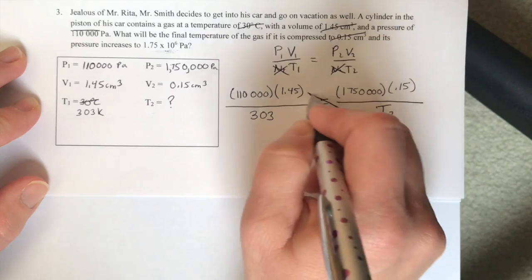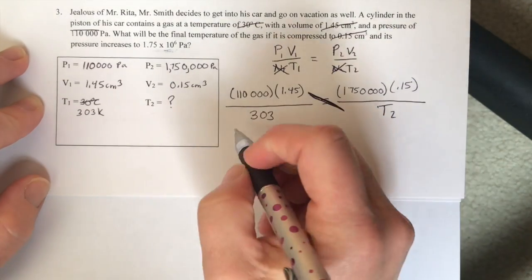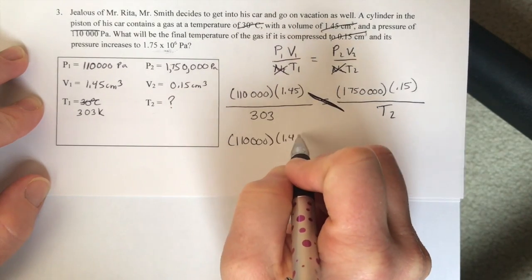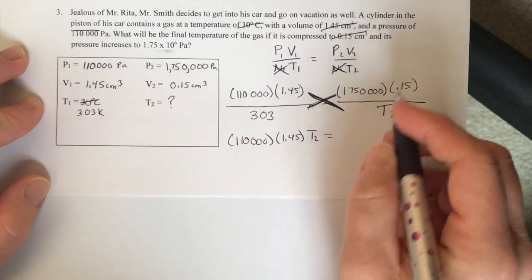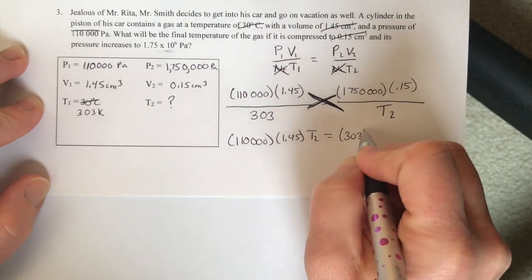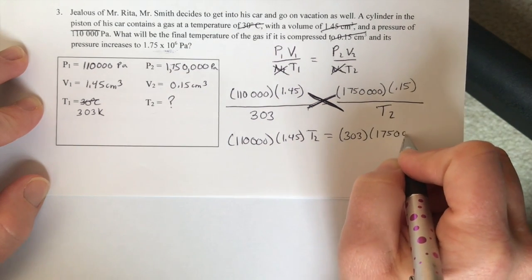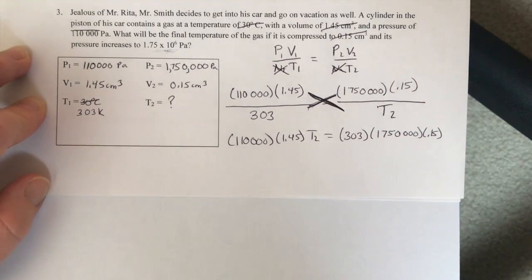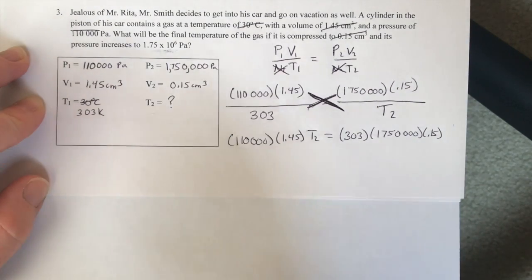So I'm going to take all of these things and multiply all three of them together. So I'm going to take 110,000 times 1.45 times temperature 2. I'm going to take all three of those things and multiply them together. So 303 times 1,750,000 times 0.15. And again, multiplication is commutative. So if you put the 303 at the other side of this, it doesn't matter, okay?